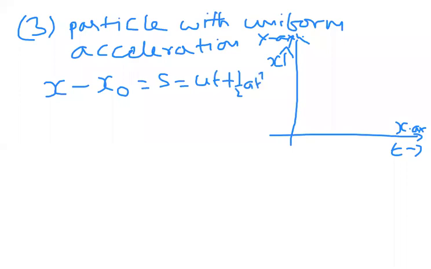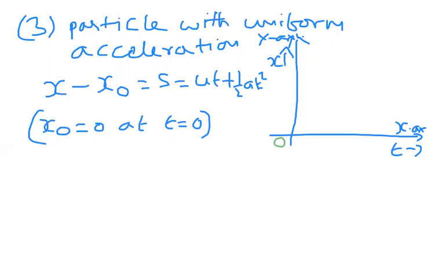Here I am taking x naught equal to 0 at time equal to 0. That means the graph starts from origin. Observe carefully the condition I have taken: x naught is 0 at t equal to 0, so the graph has to start from origin.